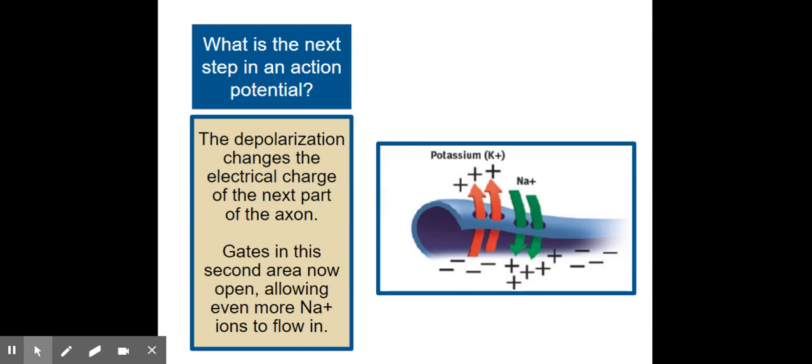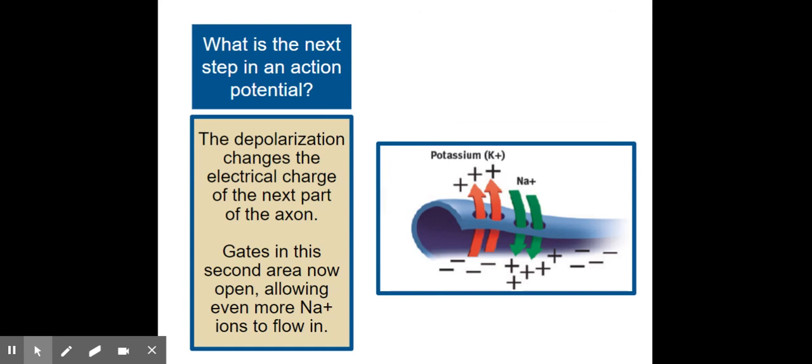All right, the next step after depolarization is basically we're going to see those positive potassium ions be pushed out through the membrane as the positive sodium are pulled in. All right, again, think of this as air, water, and air.